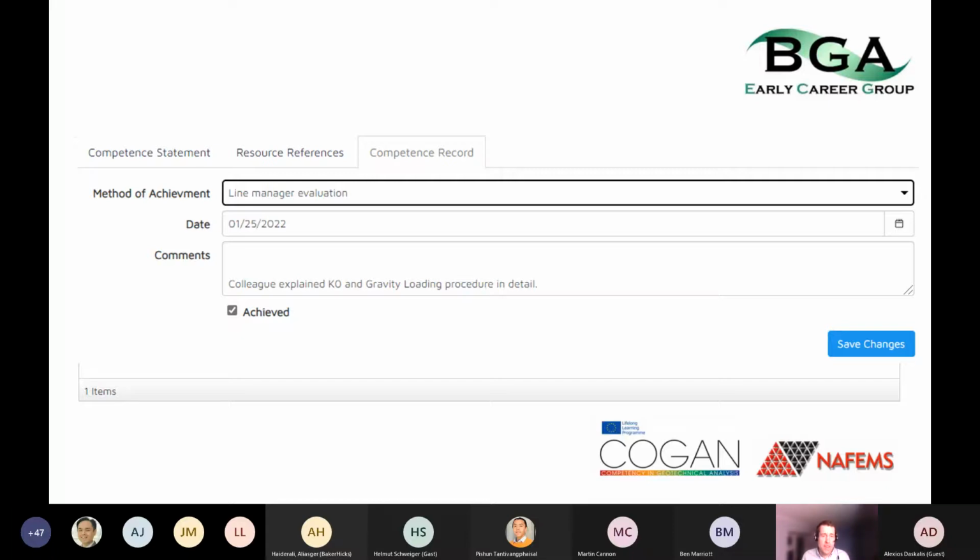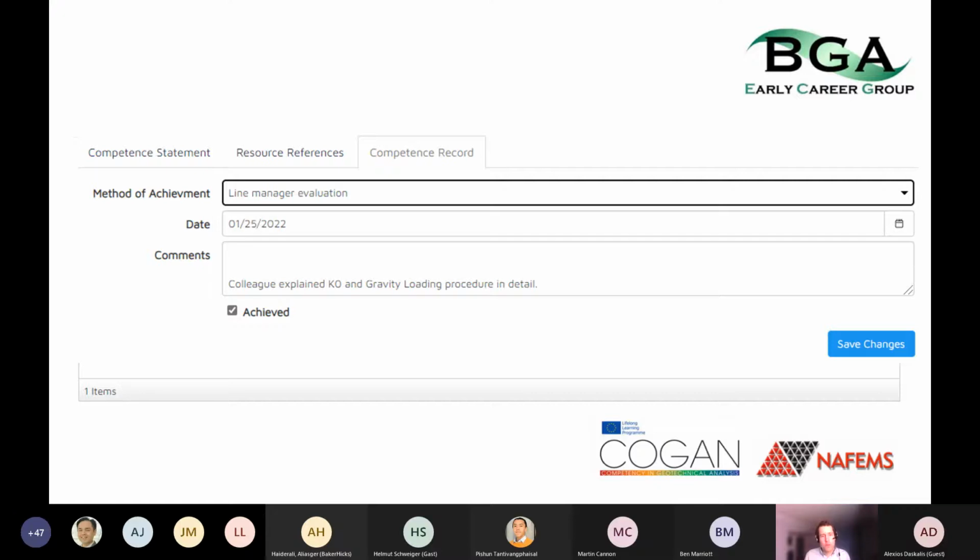You can either do it as self-evaluation, or, as clicked here, as review by a line manager, or even have a review through an external reviewer if your organization wants to support this. You can then record how you have developed or demonstrated the competency, or if it wasn't successful, you can map out in your comment how you will move on to do it next time.